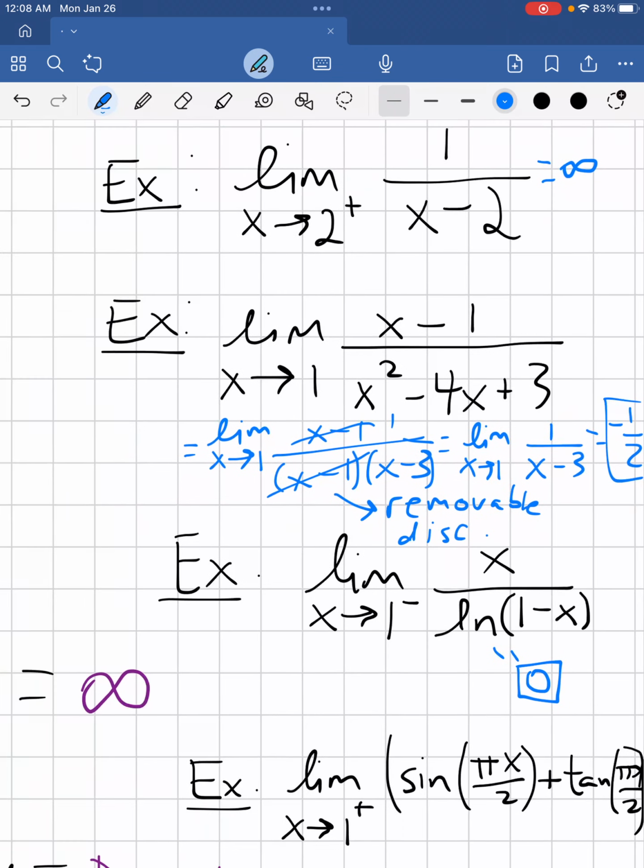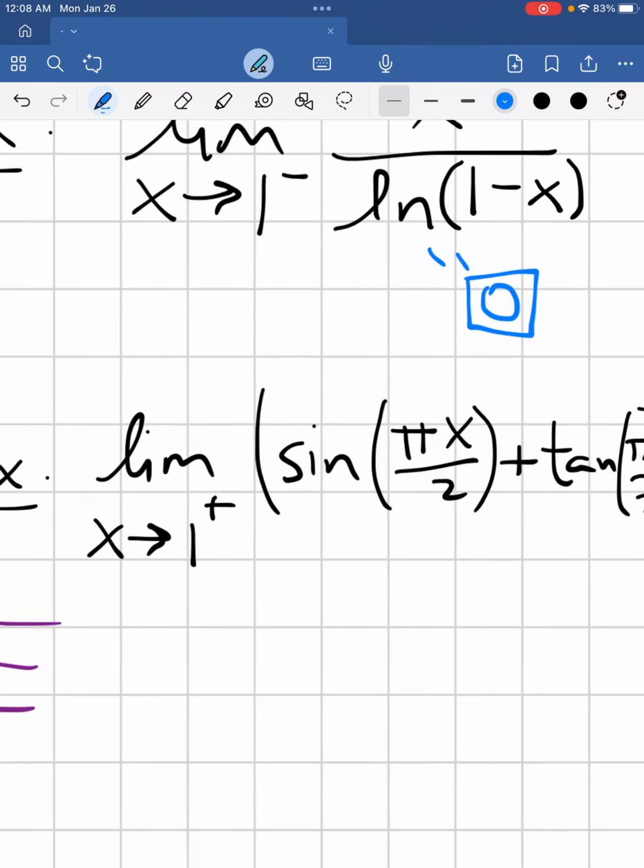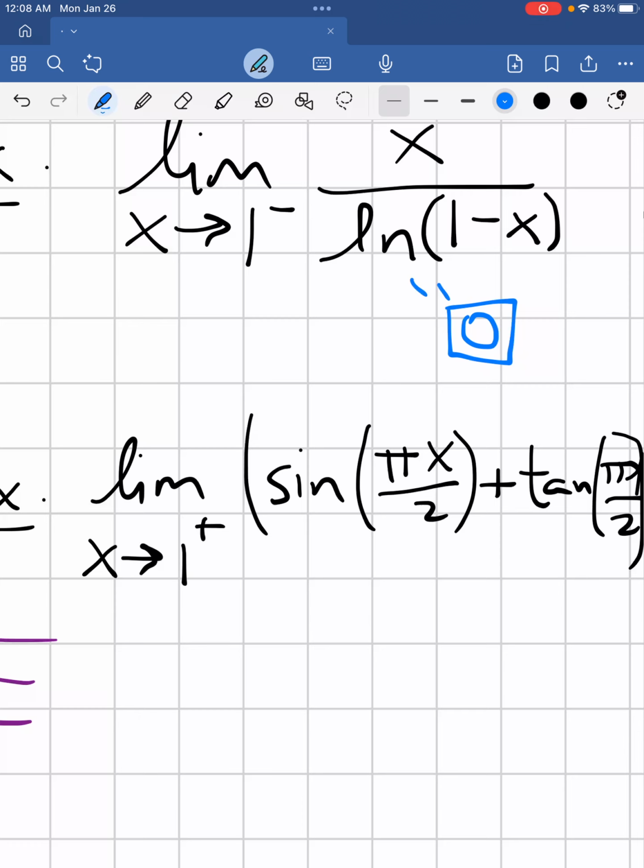All right, and then last one, we have the limit as x approaches 1 from the right of some trig stuff. So first off, sine. Sine is defined everywhere, so there's nothing wrong with me just substituting the 1 in for that x. The issue happens when we get to that tangent.